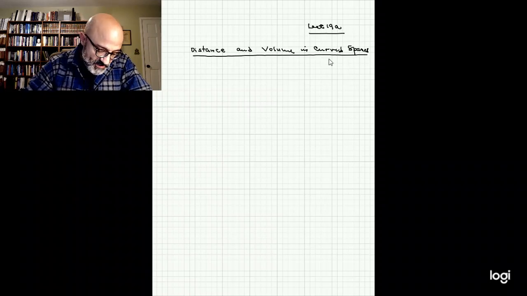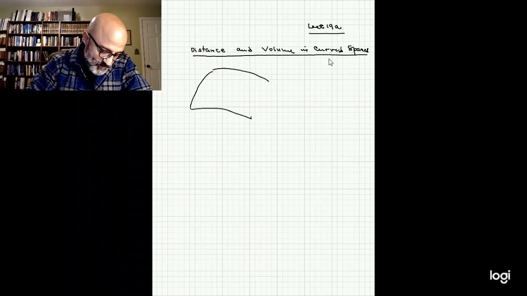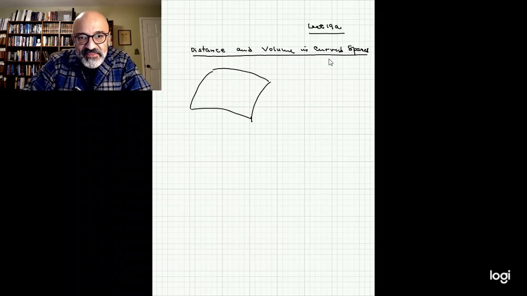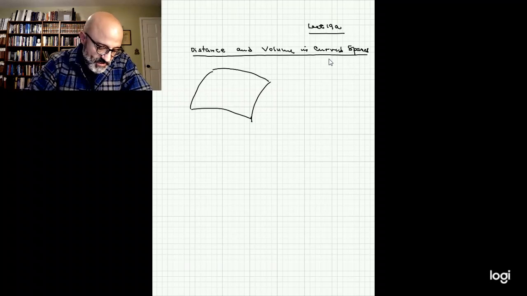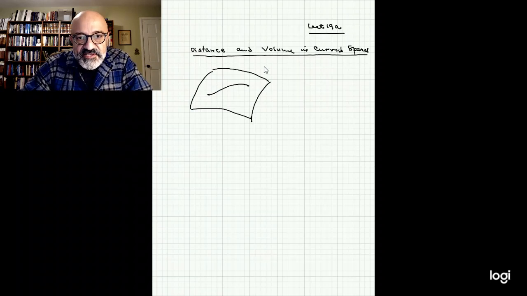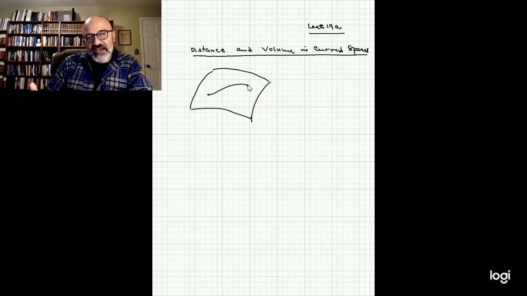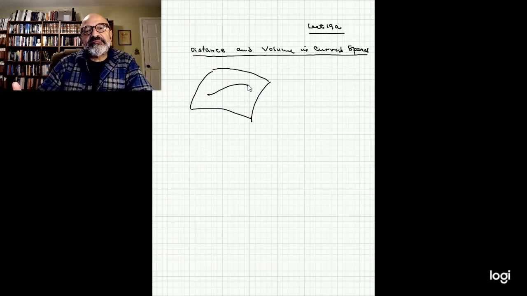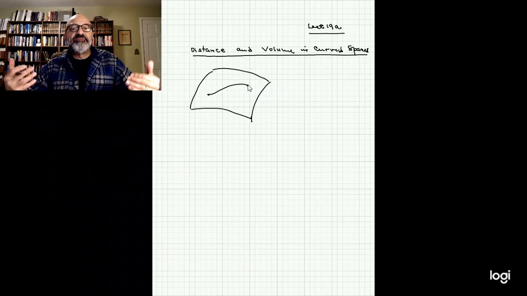The issue here is that whenever you have a curved space, here's a curved space, there is in general no notion of distance between 2 points. There is no notion of the length of the curve. That is a structure that we have to impose on the manifold from the outside.